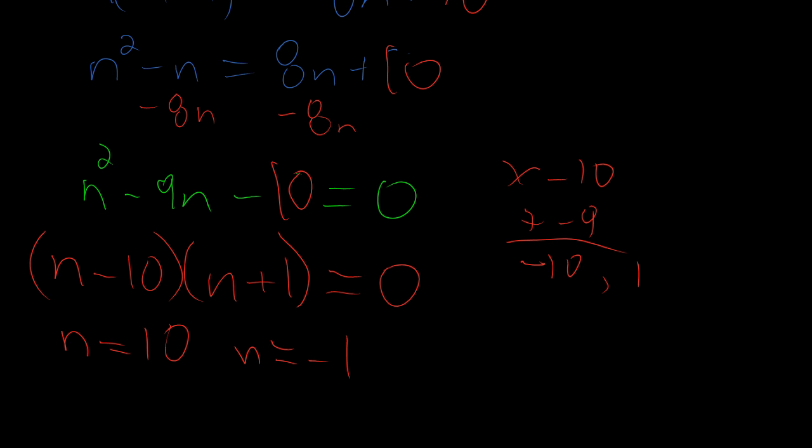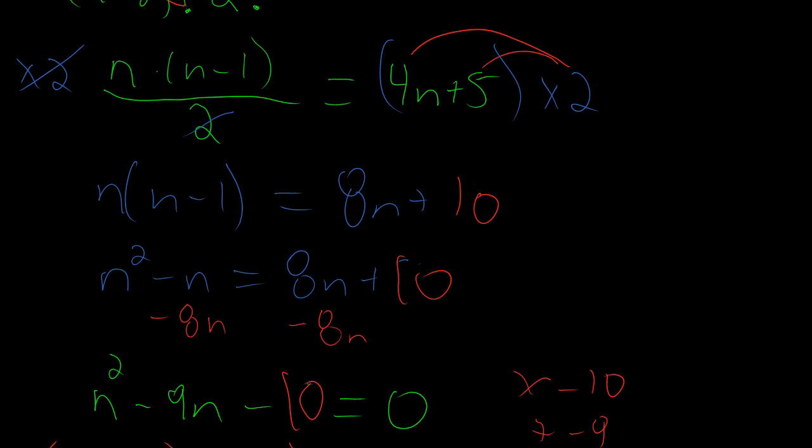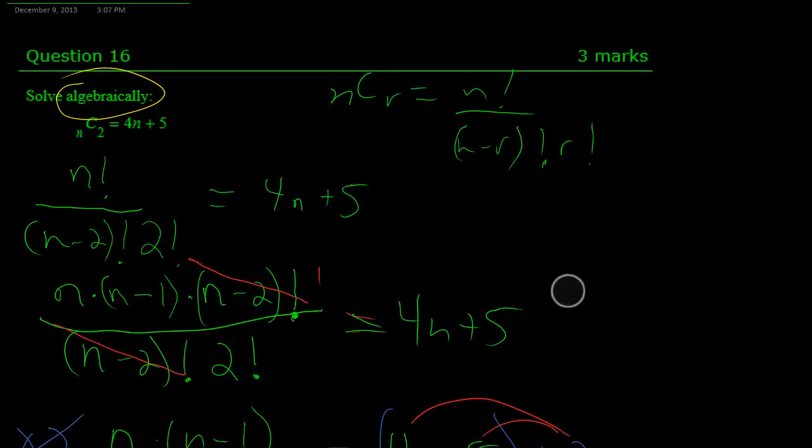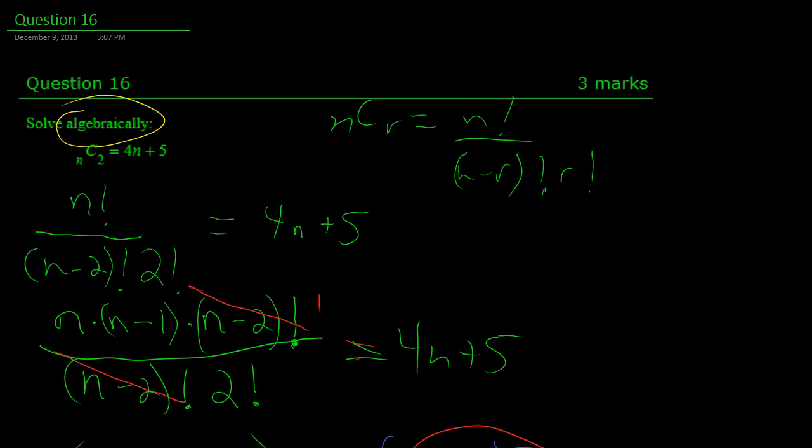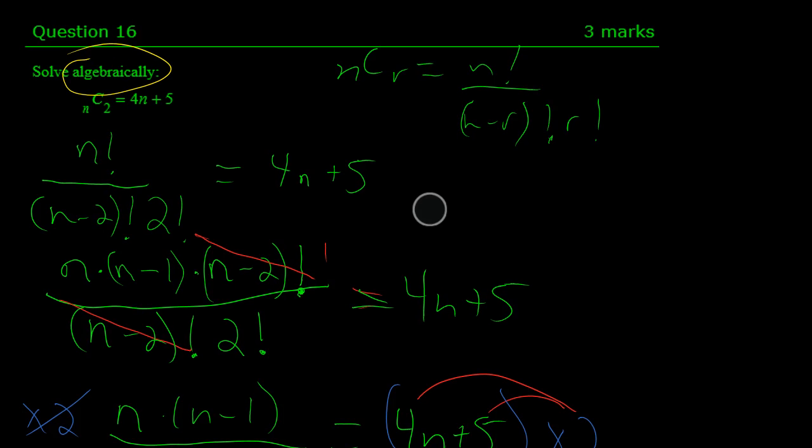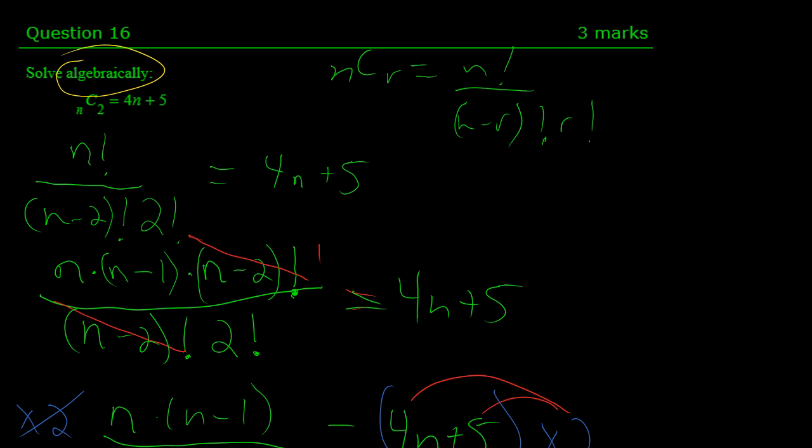You should always check your solutions and verify, see if they are right. So I'm going to go up top and do a quick check. All right, so 10 is certainly possible to be substituted in for n. You've got 10 objects and you're choosing 2, and you're going to end up with 45.